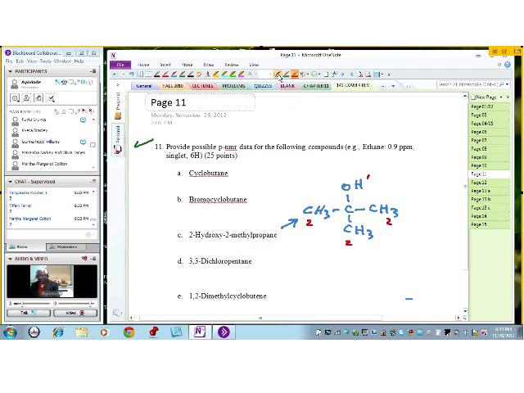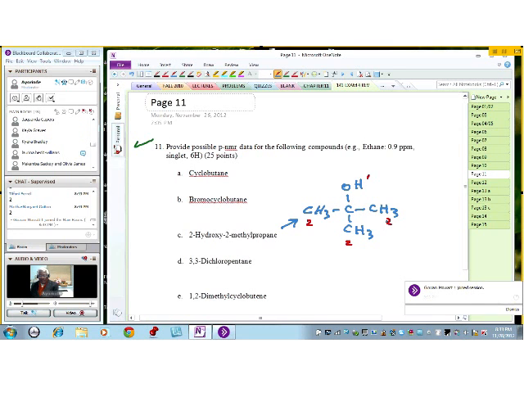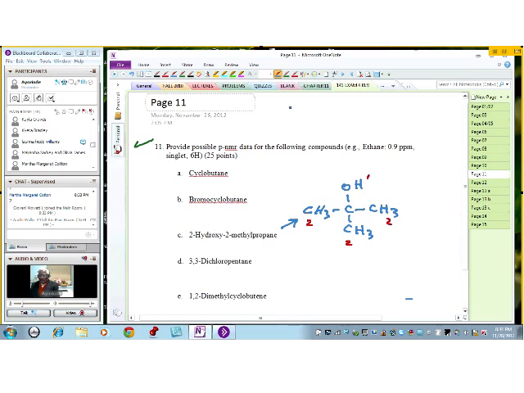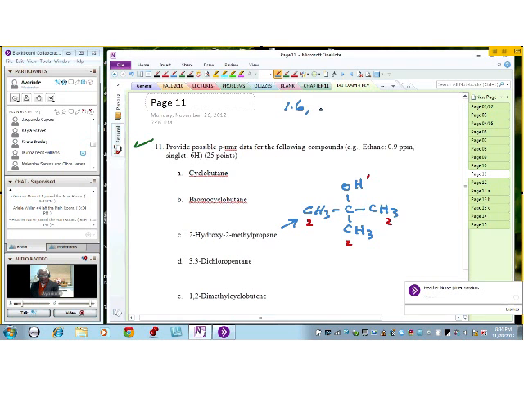Okay, what will it be? Let us give it. We have, let's start with this one here. What would this one be? Anybody has an idea? Look in your chart. The methyl. Okay, I would say maybe about 1.6 because it isn't too far from oxygen. And what would be the multiplicity?